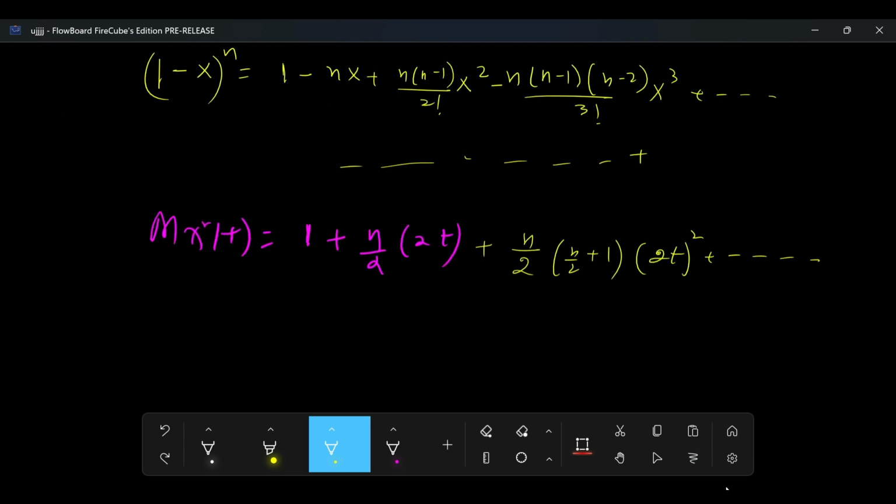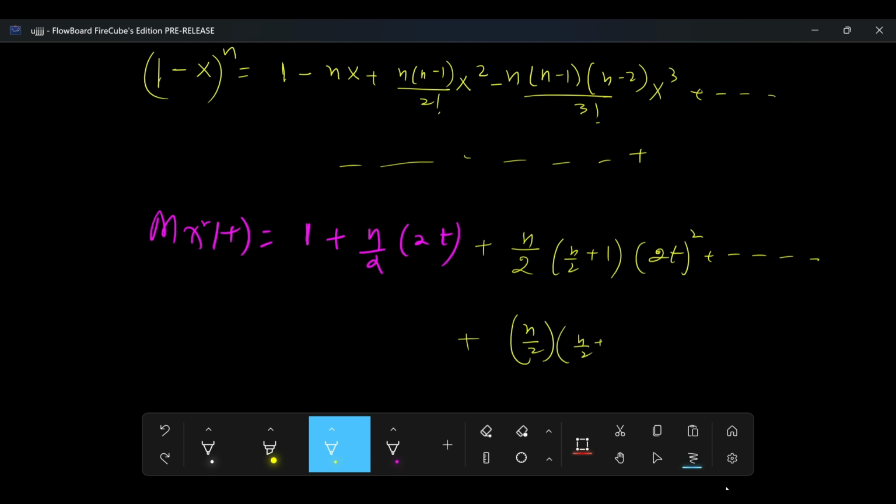What will be the rth term? The rth term will be n by 2, n by 2 plus 1, n by 2 plus 2, up to n by 2 plus r minus 1, times 2t to the r divided by r factorial.